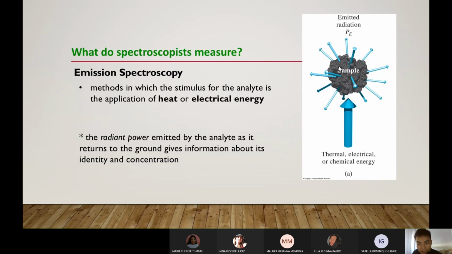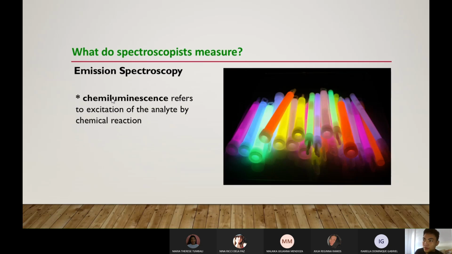It's not only iron, you can also do this on other matter. One example of emission spectroscopy is chemiluminescence, which I know you know, these are our glow sticks. If you break that, it glows. What happens here is that it absorbs energy from the environment, which is enough to allow the molecules in here to glow.